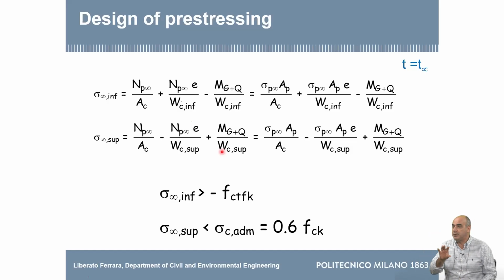But the stress equations are written in the same way, because we always have a compressive force, its moment effect, and the moment. In this case, it's due to all the permanent loads plus the variable load. So there is everything there.